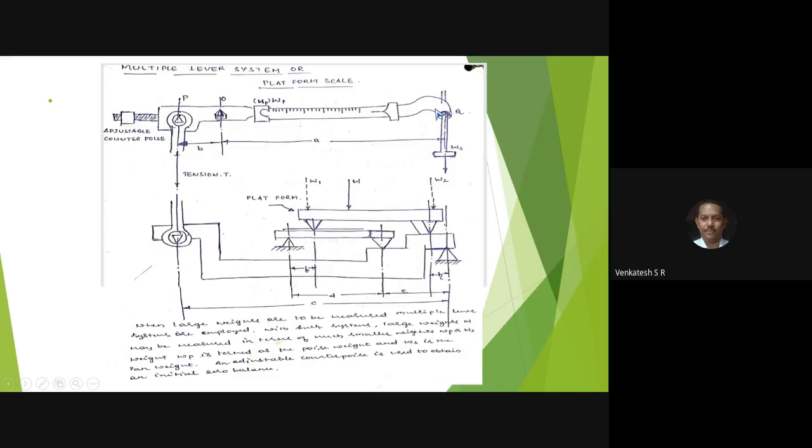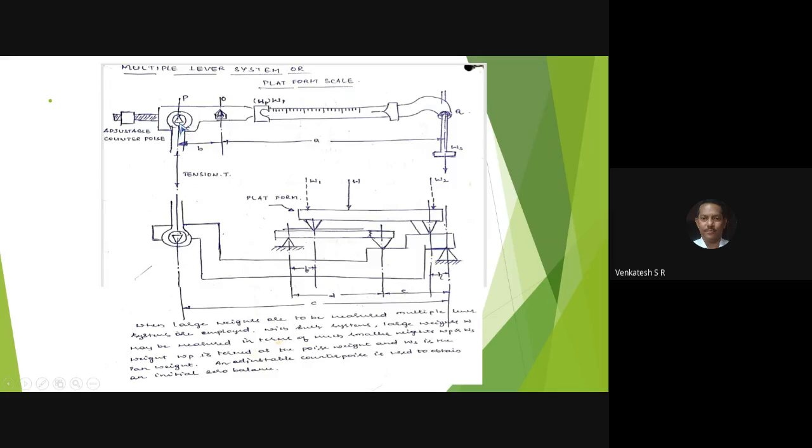That is, it should come to the standstill position in the center. And this beam oscillates in upward and downward direction.